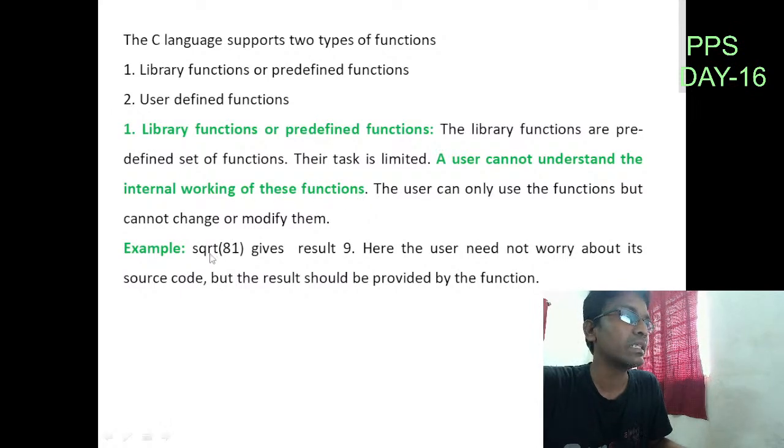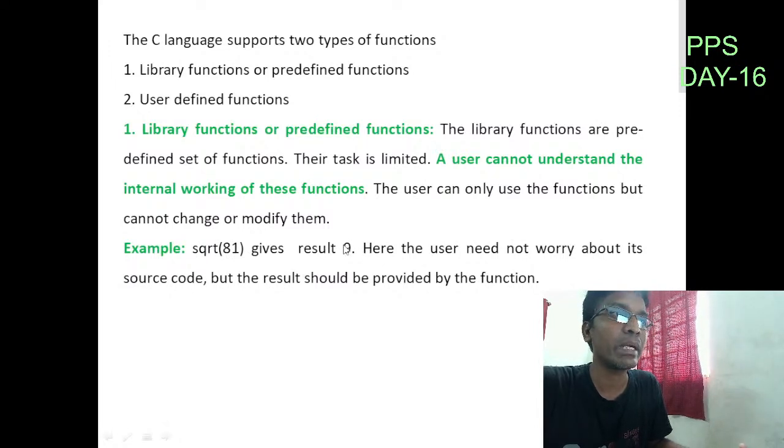For example, here I am using the sqrt function, square root of 81, which will give the result 9. You don't know how the square root function works inside, or what the logic behind it is, or how it produces the output, because it is a built-in function. You just use it, and it will produce the output 9.